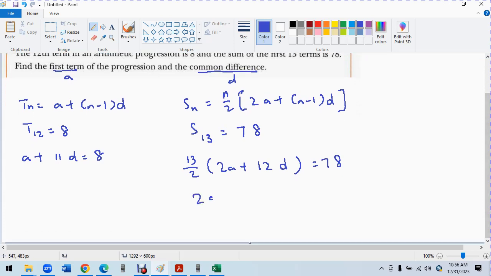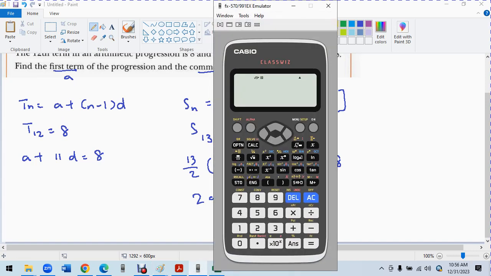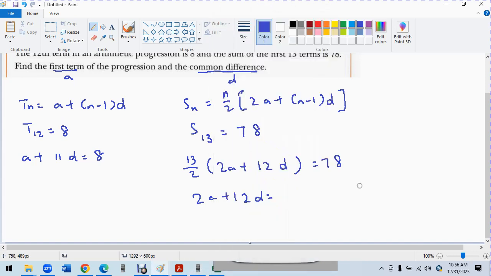So 2a plus 12d equals 78 multiplied by 2 divided by 13, so this is 78 times 2 over 13.